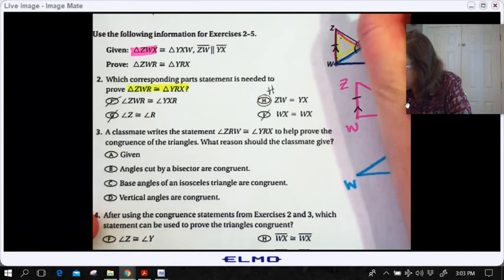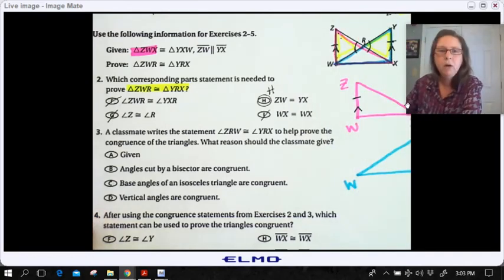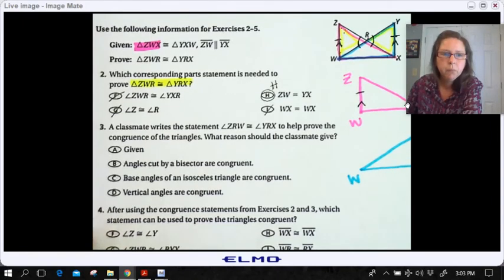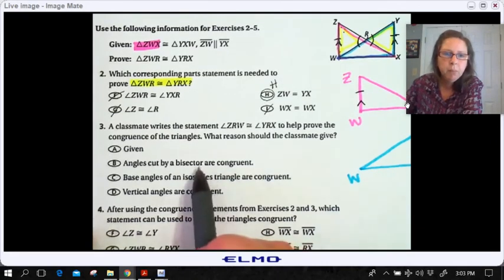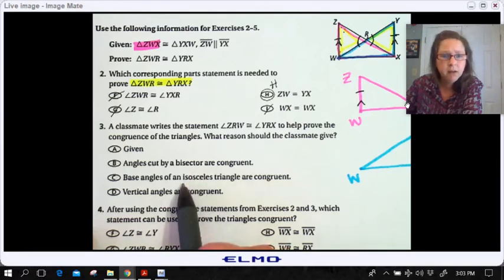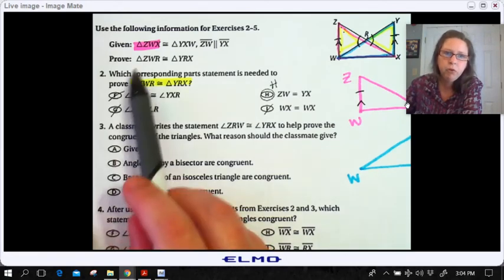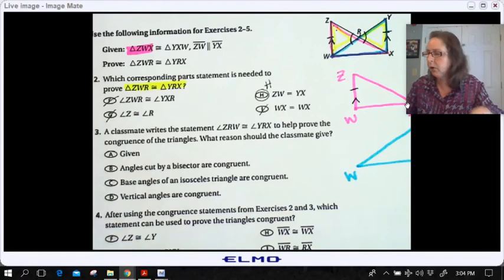They say that these two sides are congruent. How can we say that those two angles are congruent? Are they angles cut by a bisector? Are they base angles of an isosceles triangle? Are they vertical angles? I skipped right over A because that information was not given to me at all.